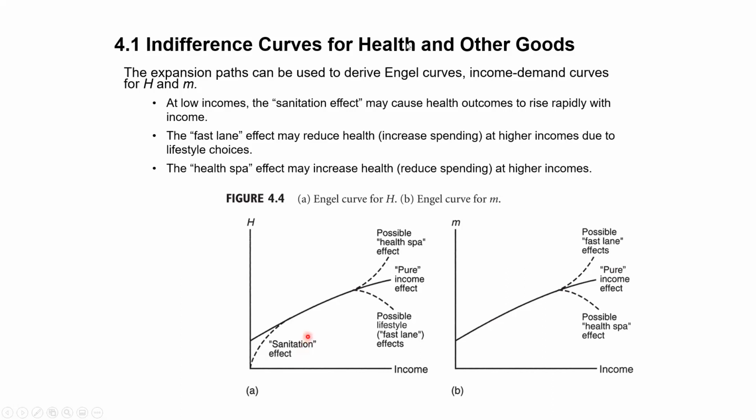Now, in addition, we also see a situation where, when people increase their income levels, there's a corresponding decrease in terms of health. And what is that? Because of lifestyle choices, we call it the fast lane effect.